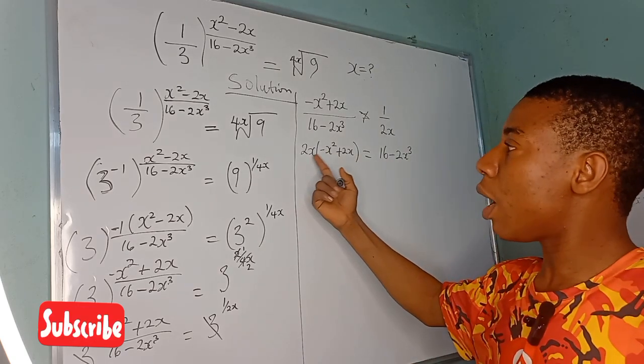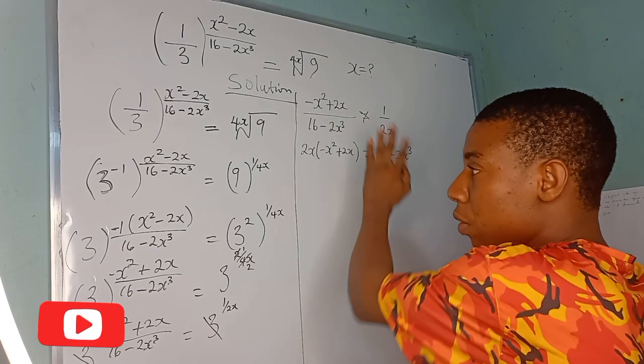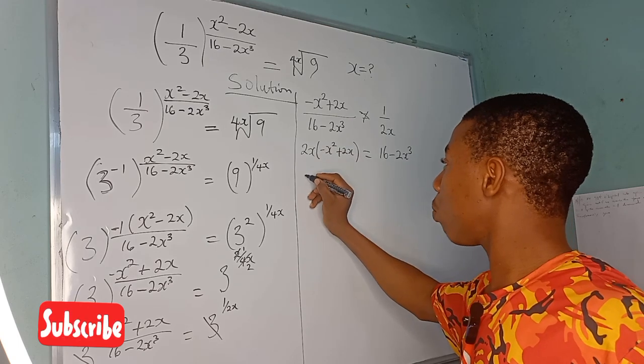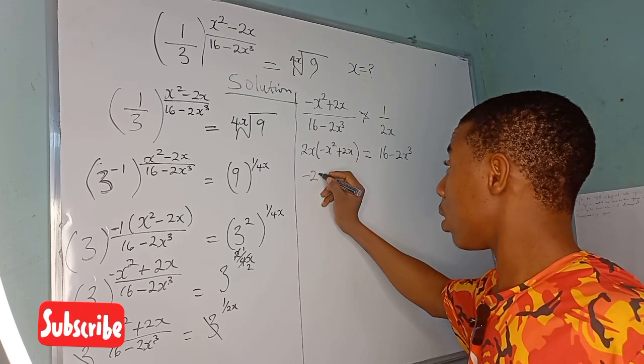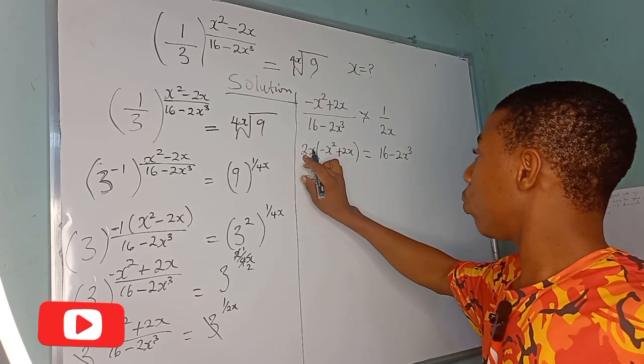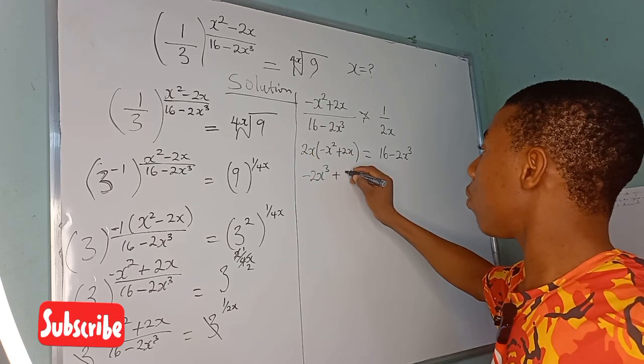Now I'm going to use this value outside the parentheses to multiply everything inside the parentheses. 2x times minus x squared gives minus 2x cubed, plus 2x times 2x, we have 4x squared.